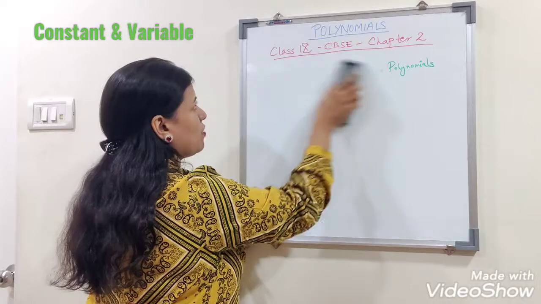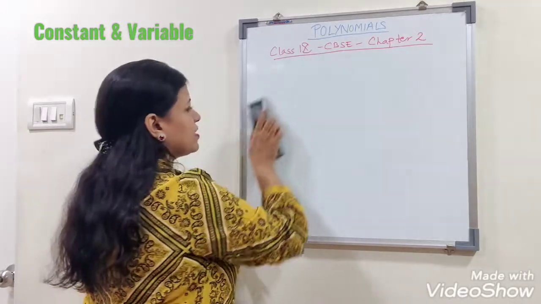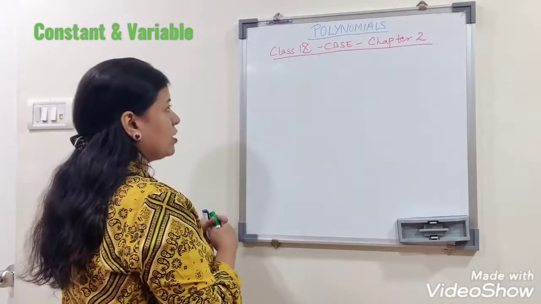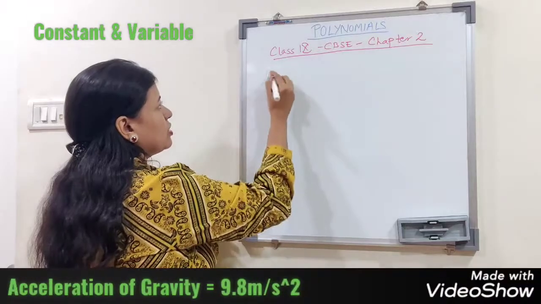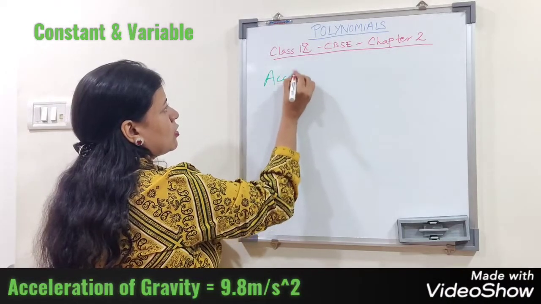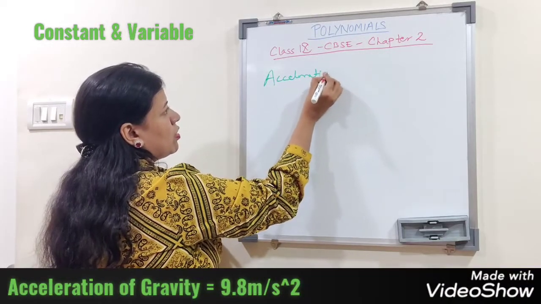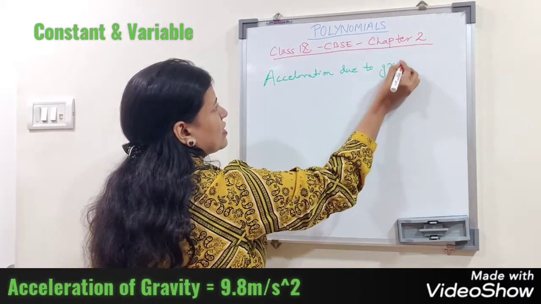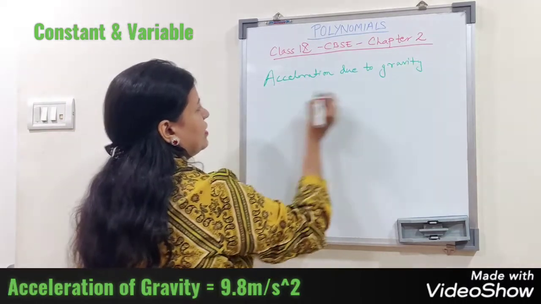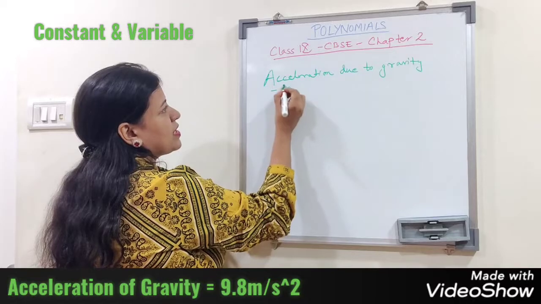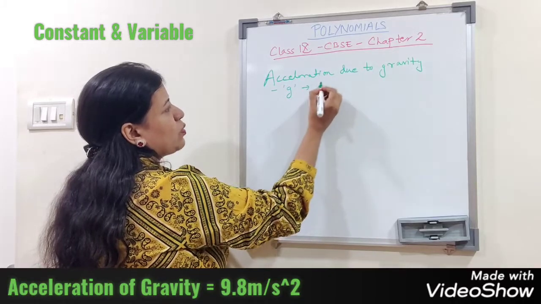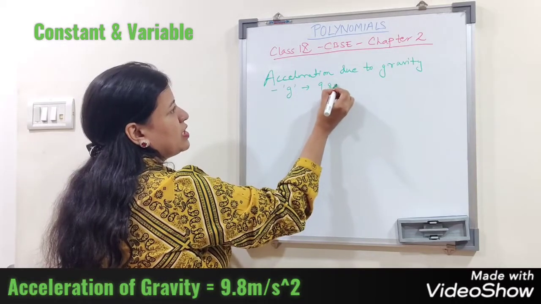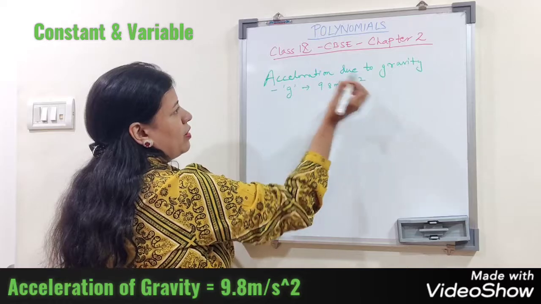When you talk of science, you must have heard of the term acceleration due to gravity. What is it? In physics, it is represented by small g and its value is 9.8 meter per second square.